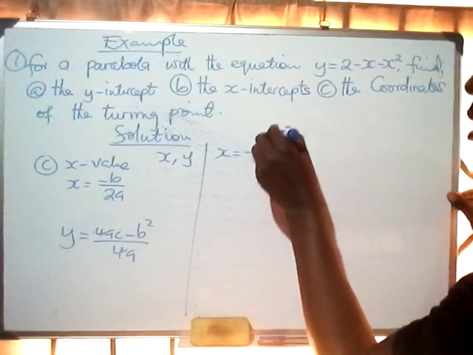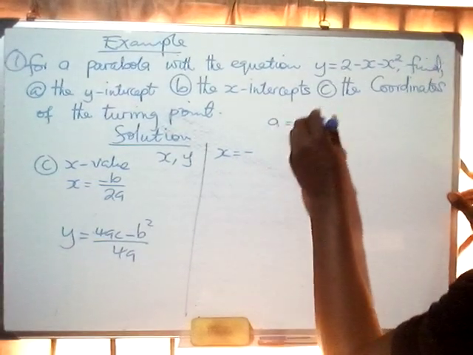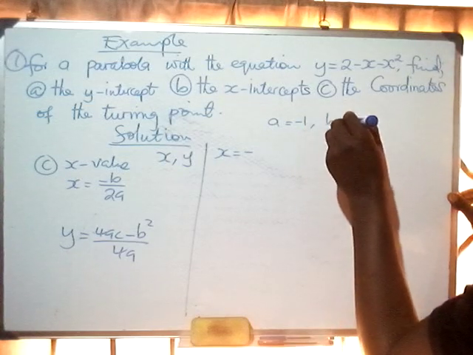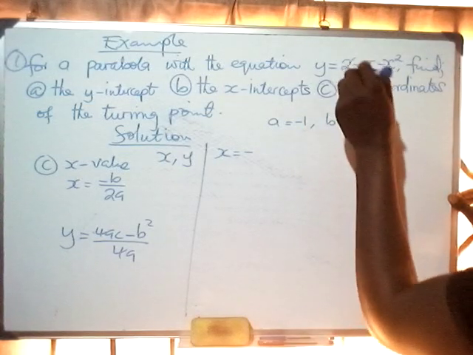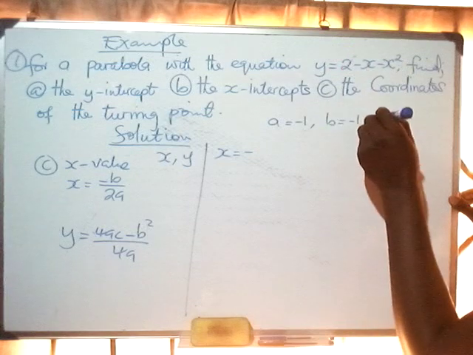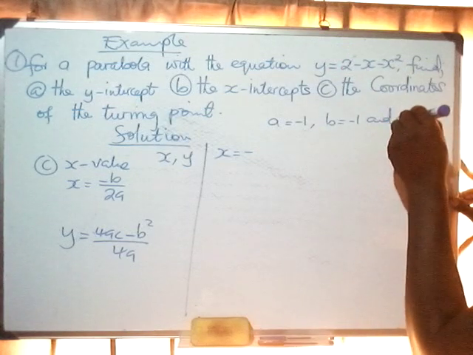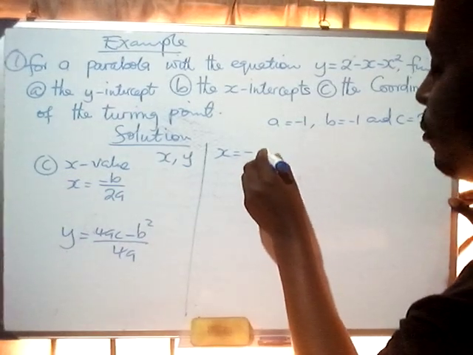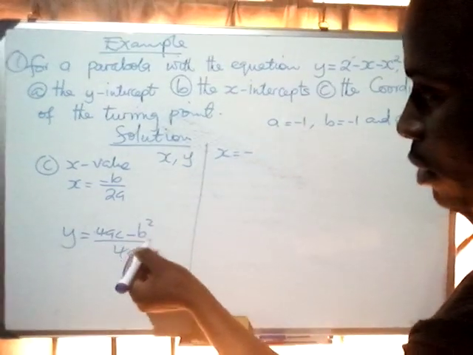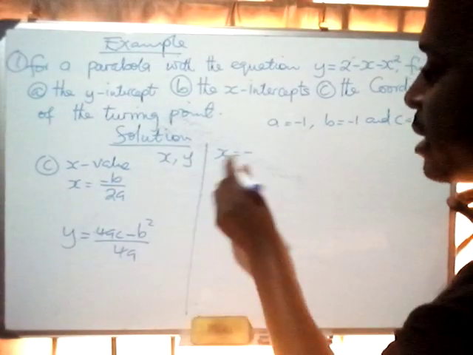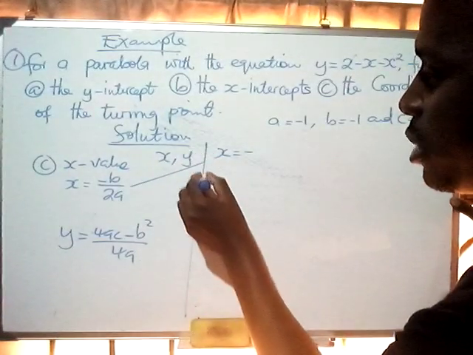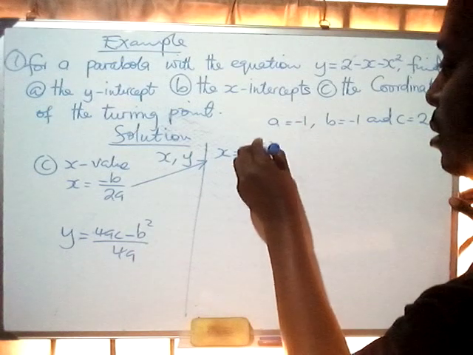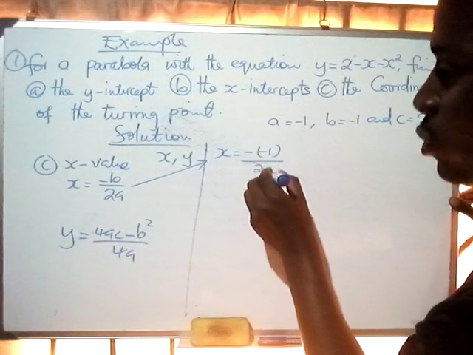What is our b? Before I go to b, I have to rewrite this one. Our a is -1. Our b is -1 also. This is the b here. And our c is equal to 2. I'm using the same formula there, which is -b over 2a.